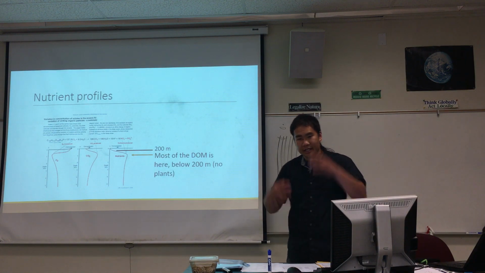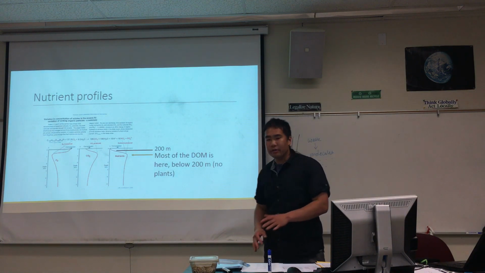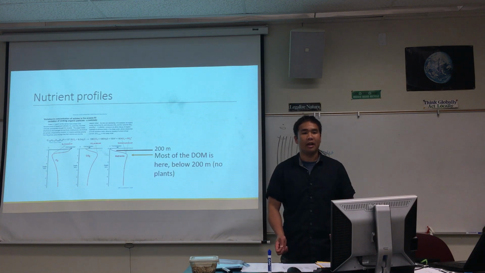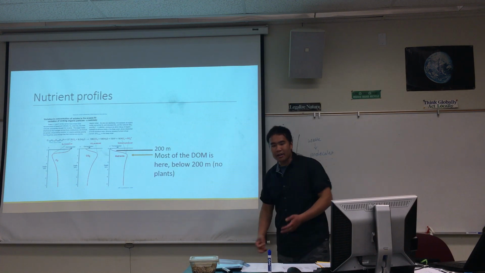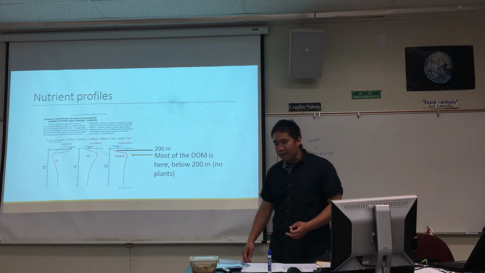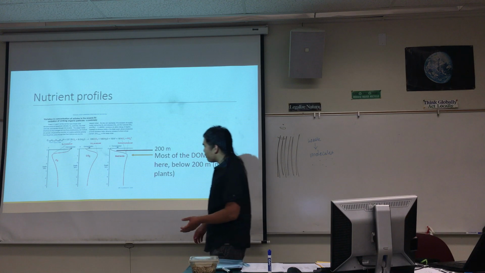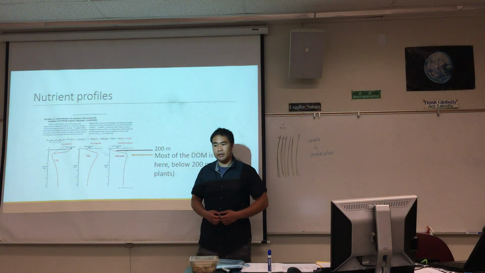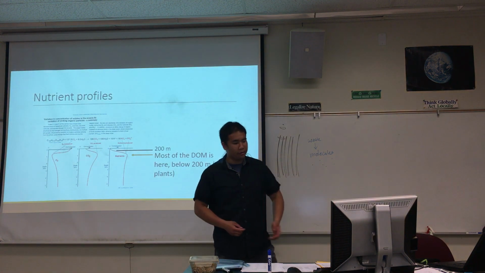At first, it sinks down below 200 meters, and so the primary producers can't get it anymore. And then it becomes DOM, and now the animals can't eat it anymore because it's too small. So now you've got a bunch of small, hard-to-eat molecules down here where there's no cyanobacteria to pick it up. Okay, what are we going to do?